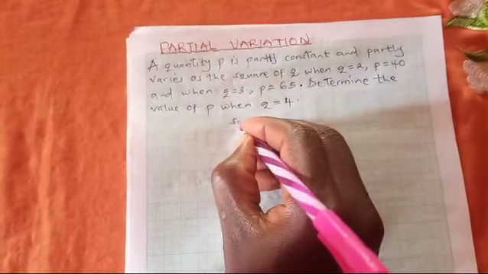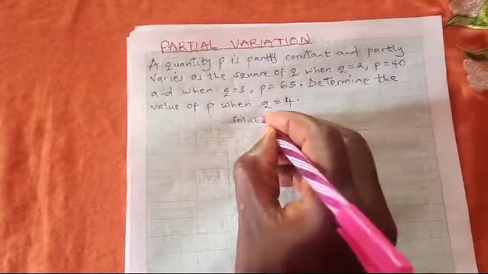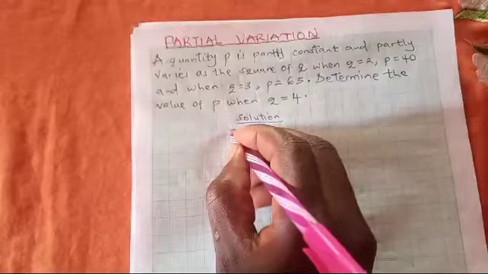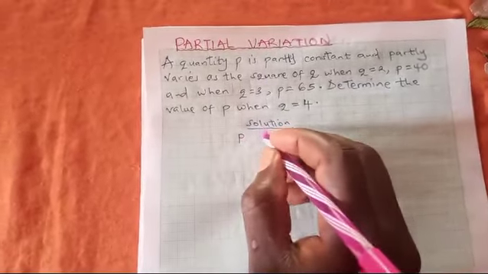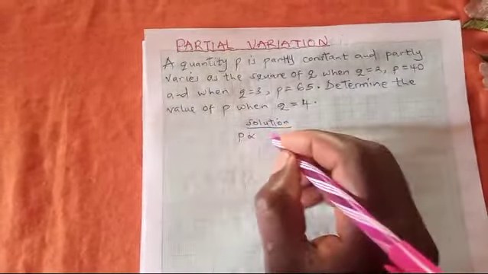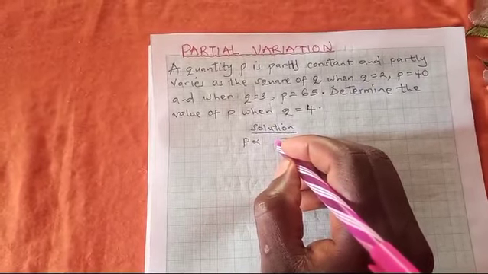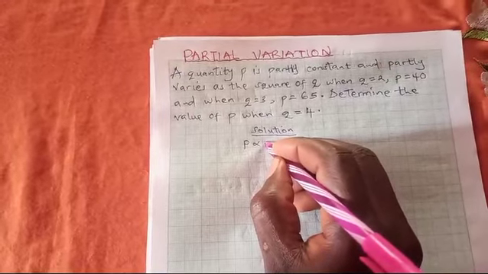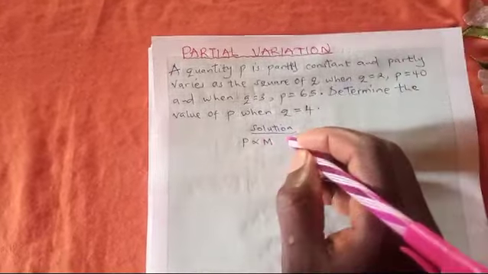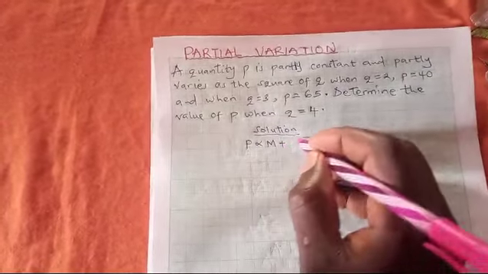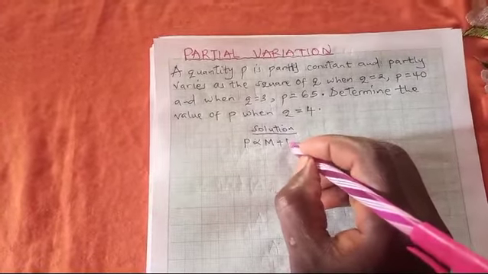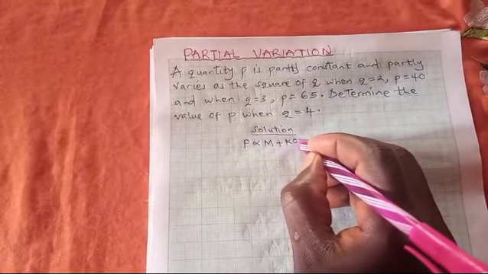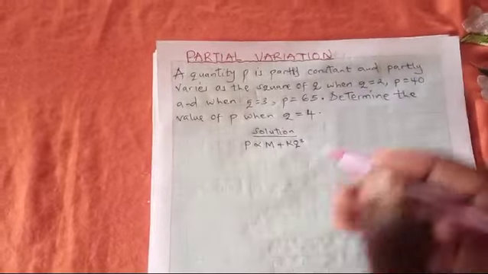Now let's have the solution. We are going to see how we'll work through these constants. Now, a quantity P is partly constant, let's say the first constant is M, and partly varies as another constant K. We have Q squared.